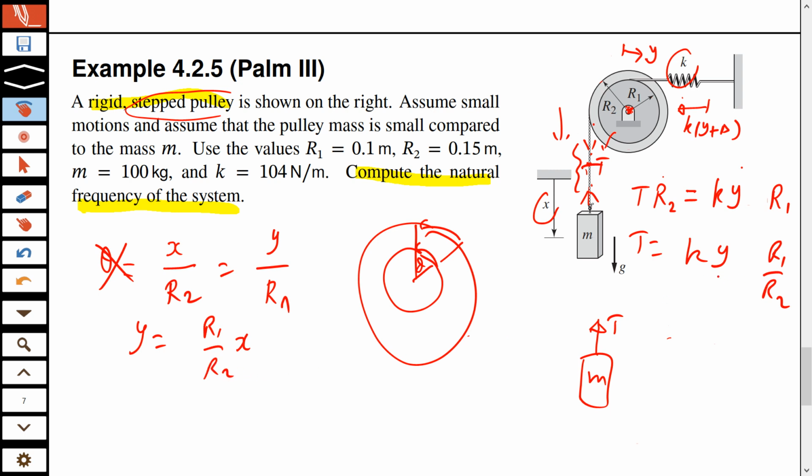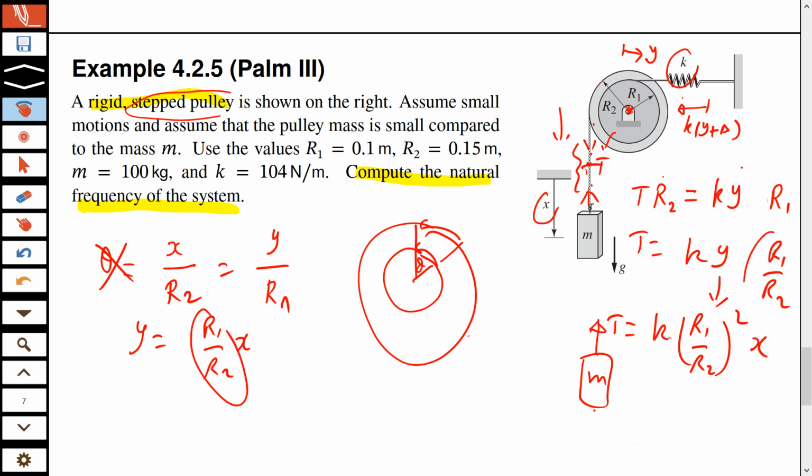So here I can now have a final expression for t equals r1, yeah, k times r1 over r2 will be squared because it is coming here as well as here, and x will be here, okay?